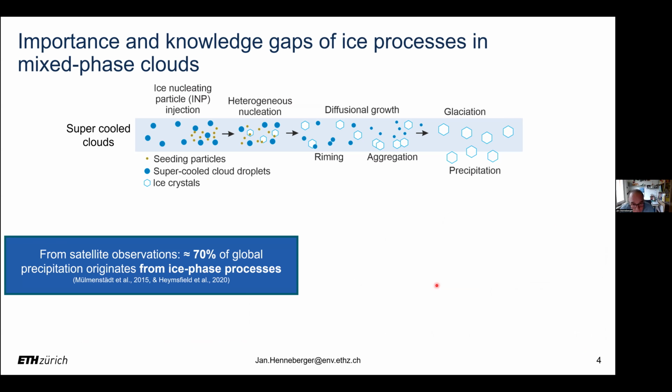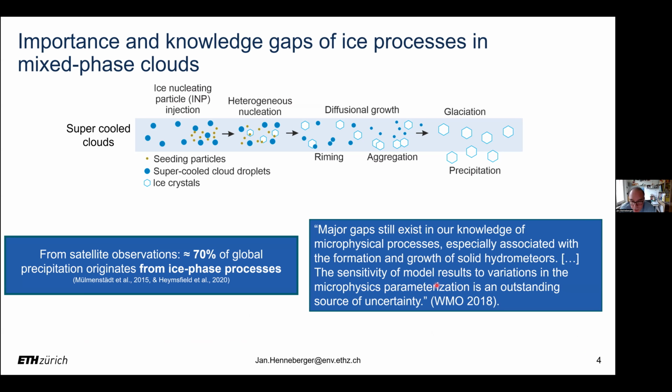We know from satellite observation that around 70% of the global precipitation originates from ice phase processes, and there are large knowledge gaps in these processes, as stated by the World Meteorological Organization report in 2018, which leads to uncertainties in model results.